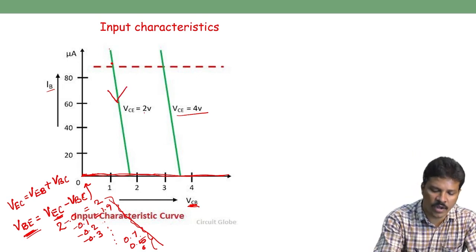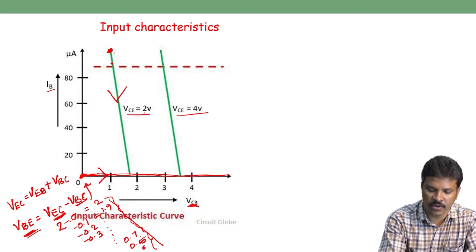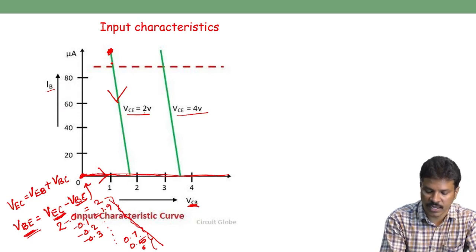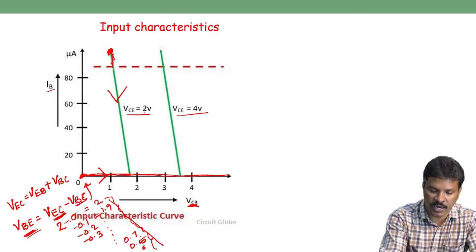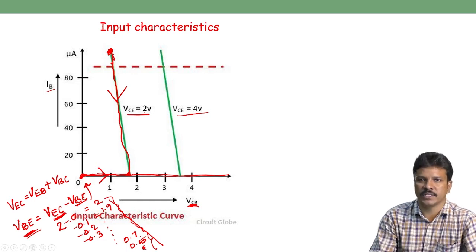It is the starting point when VC is set to 0 and VBC is 0. So this is the 0 point, moving in this direction, keeping VC at 0, VEC 2 minus 0. This is the maximum current. When we increase VBC and decrease VBE, the current IB decreases in this direction and reaches 0 current when VBE is less than the cut-in voltage.